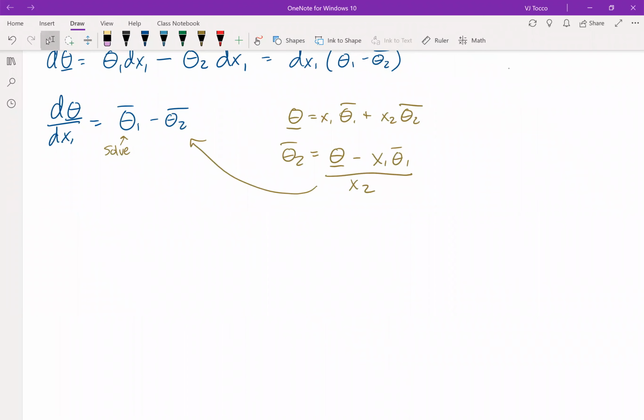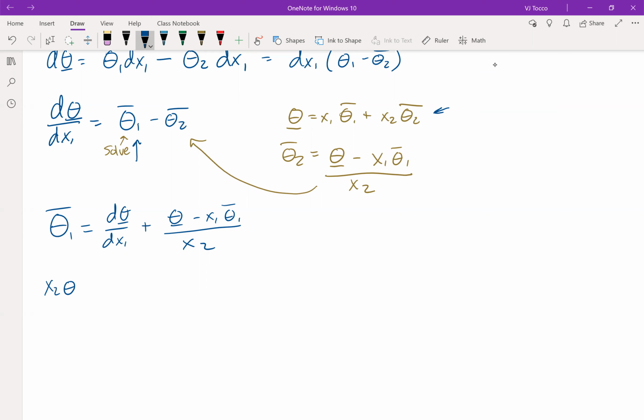Try and do this yourself. I'm going to pause the video and do it and show you. So this equation that I just wrote, again, is this equation solved for theta 1 and plugged in for partial molar of theta 2 by solving this equation. To simplify this, I'm going to multiply through by x2.